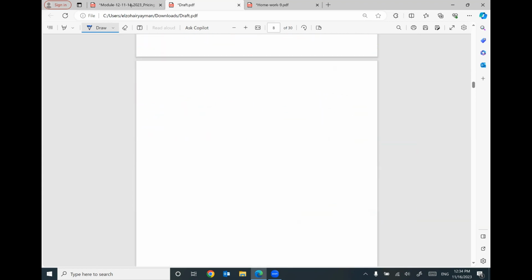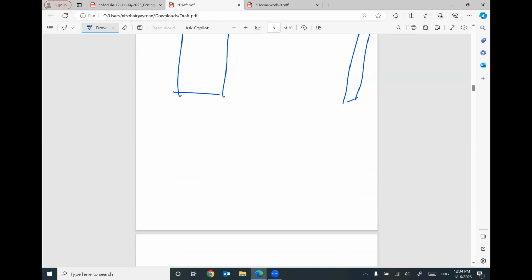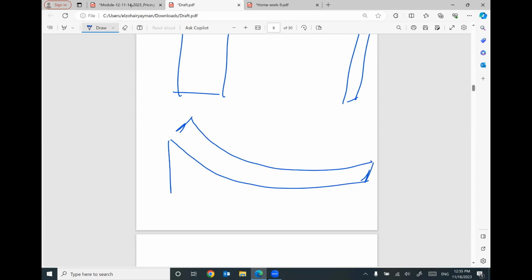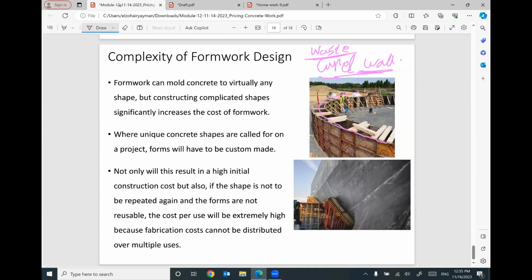If you would like to construct a straight wall, the formwork is easier, just straight. But if you would like to construct a curved wall, probably the waste of the formwork material will be too much. So this cost will be different than this cost. So the complexity of the formwork design will affect it also.